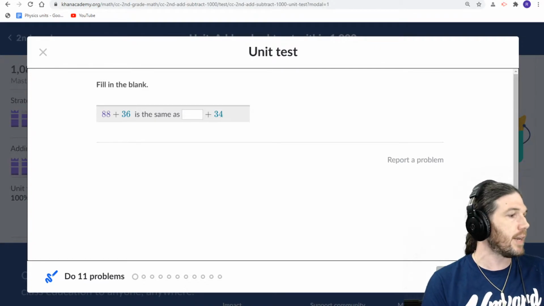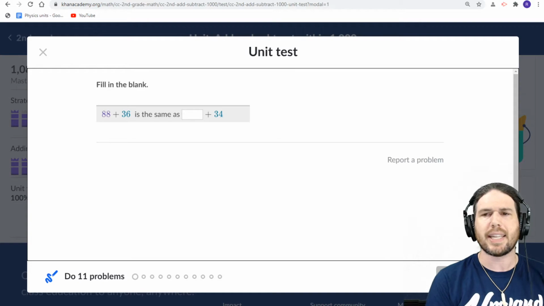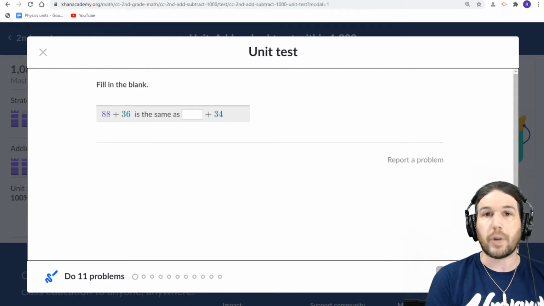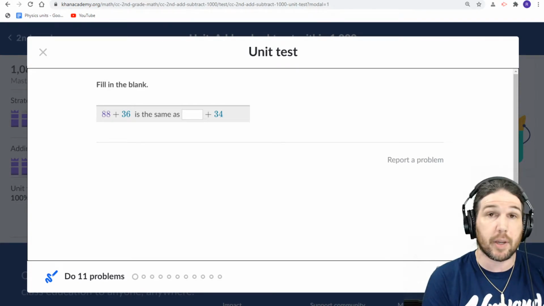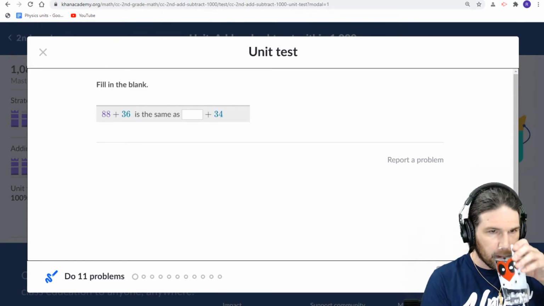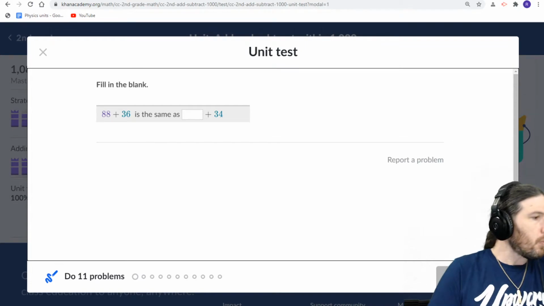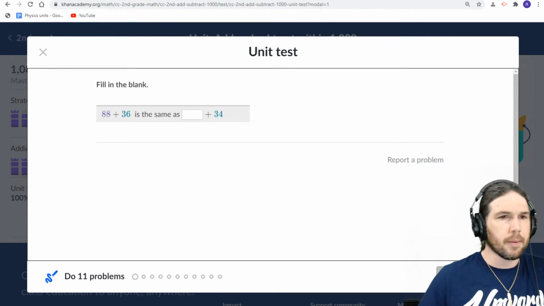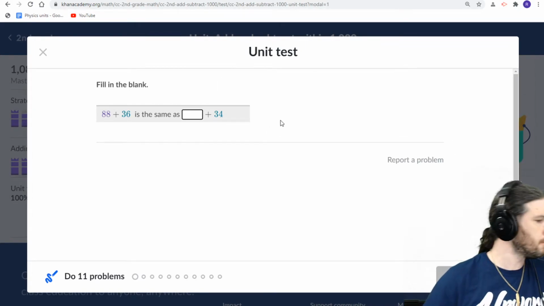I think that it is incredibly frustrating, and it reinforces some really negative stereotypes about math education that we should really be avoiding. Okay, so that's 90 plus 34.